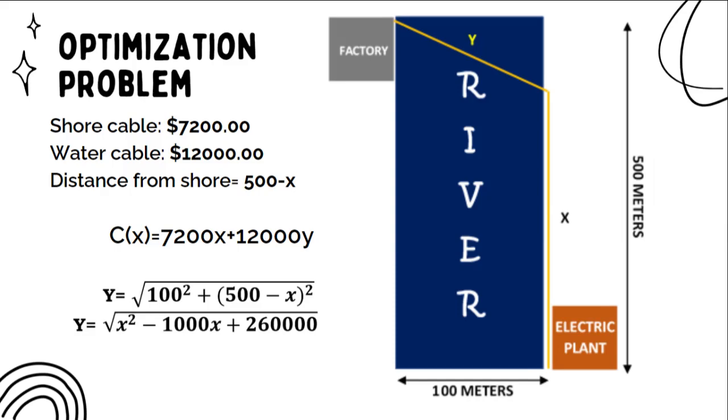And also there is the general function, because we need the general cost of the work. It's very simple. The function is the cost of the short cable times x, plus the cost of water cable times y.